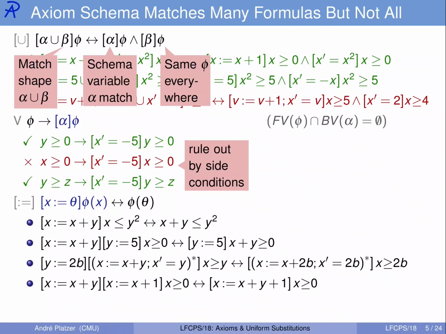Now for the assignment axiom schema, things arguably get even more subtle, because, well, what do we have to do to implement this? That after assigning theta into x, phi is true of x, if and only if phi is true of theta. Well, I guess that means we need to accept some of those consequences and rule others out.